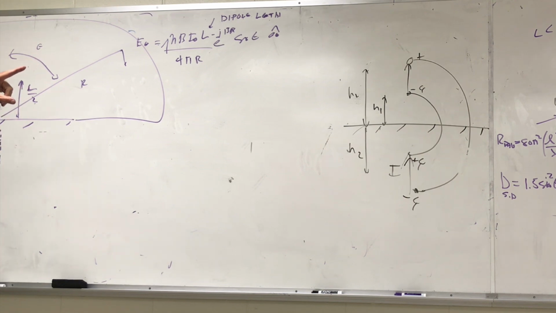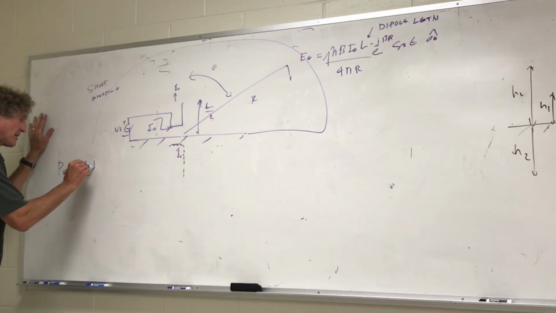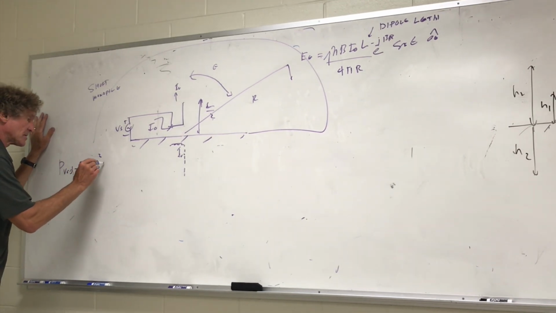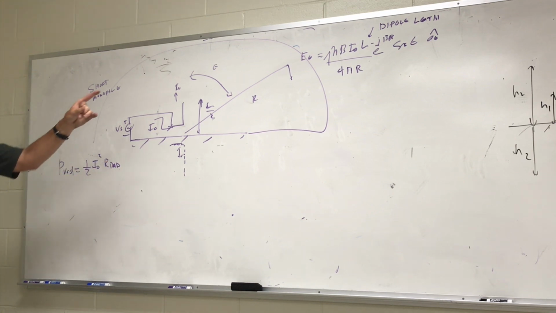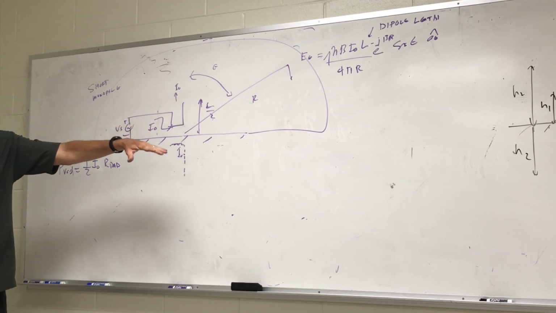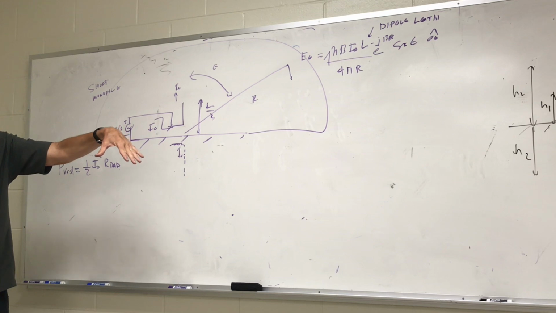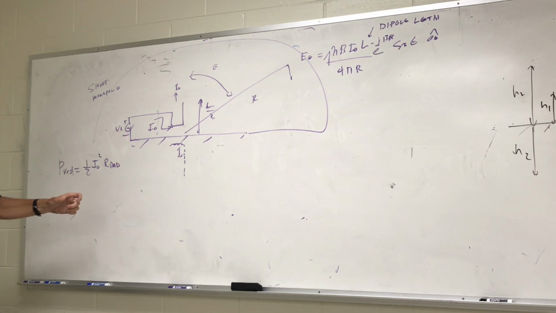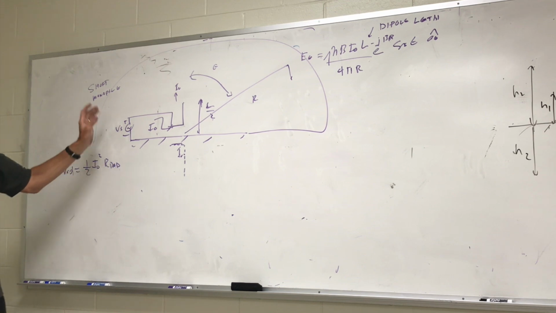Remember, power radiated, P rad, is equal to 1/2 I naught squared times R rad. If the same electric field exists as over there, but the power is only radiating over a hemisphere, not a full sphere, this radiation resistance is half of the actual radiation resistance.